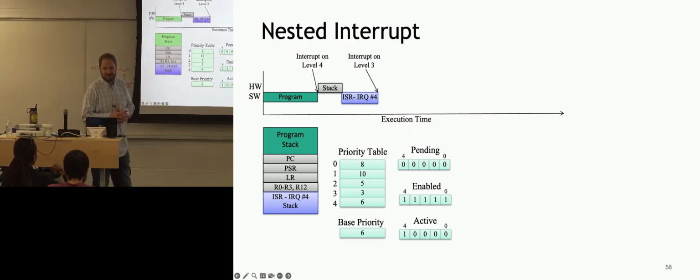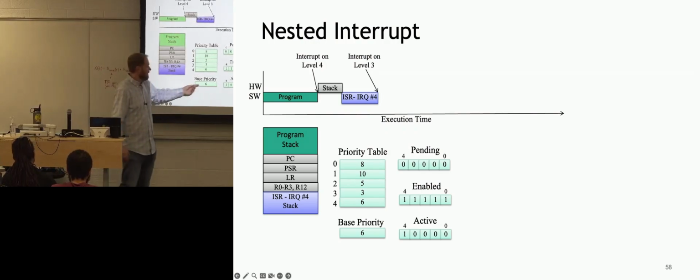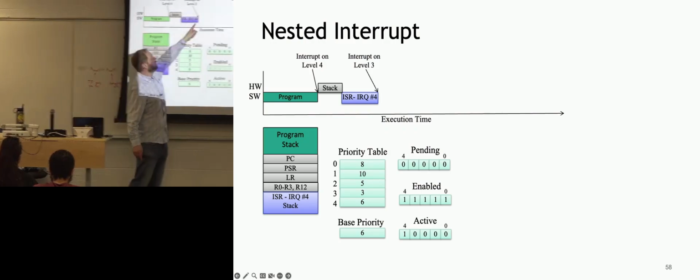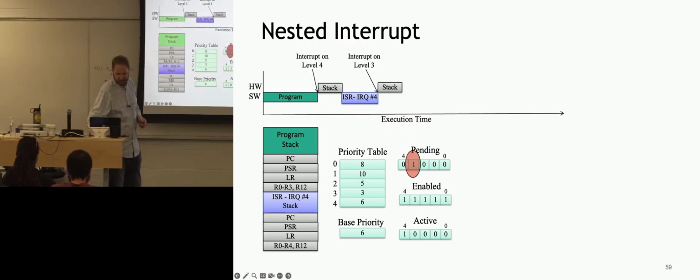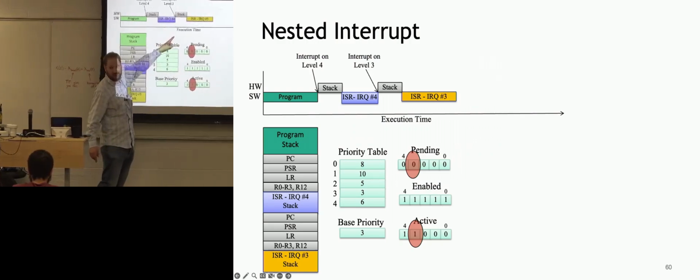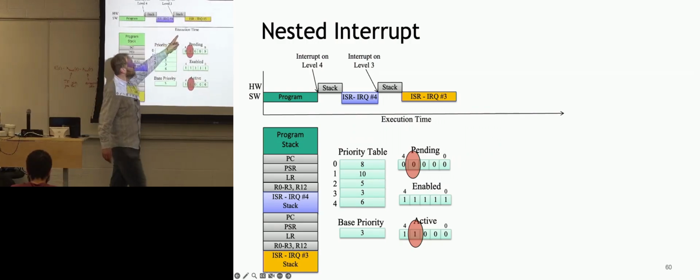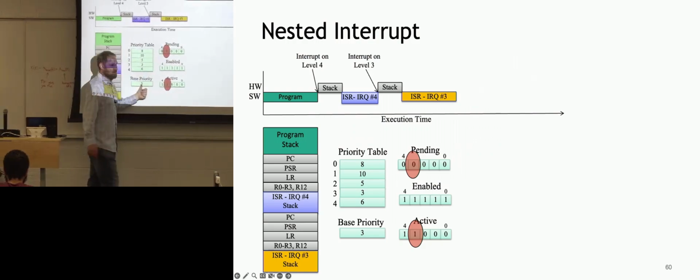I was asking when it's actually adjusting the value of the base. We're going to watch right now. I'm going to advance forward. We're going to stack here. And then the base priority changed when I entered that one. So there's some combinational logic that says when I'm in an active IRQ, I'm going to change the base priority to that.